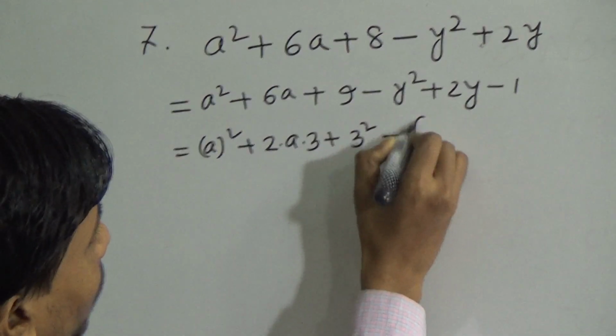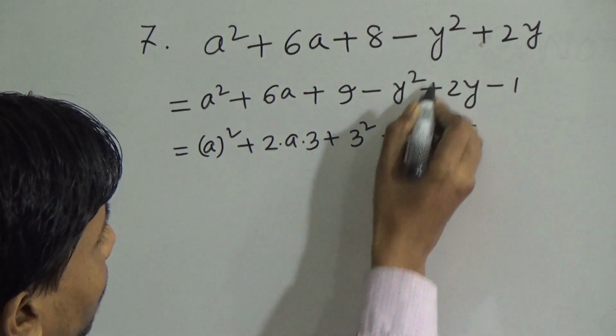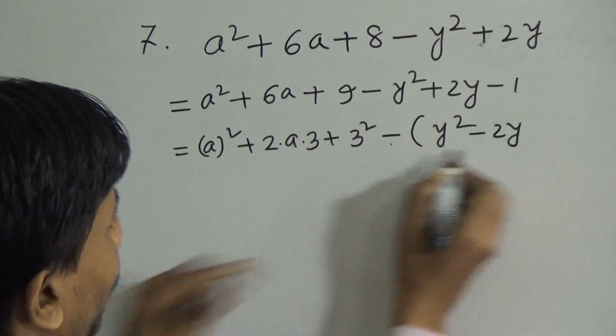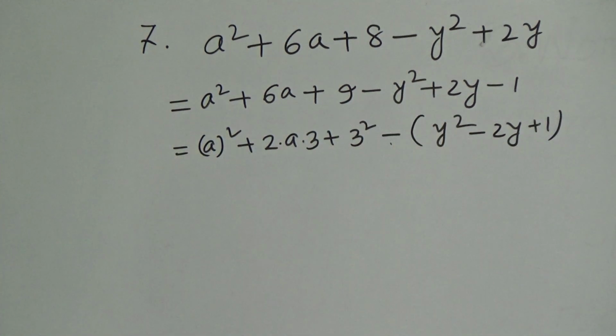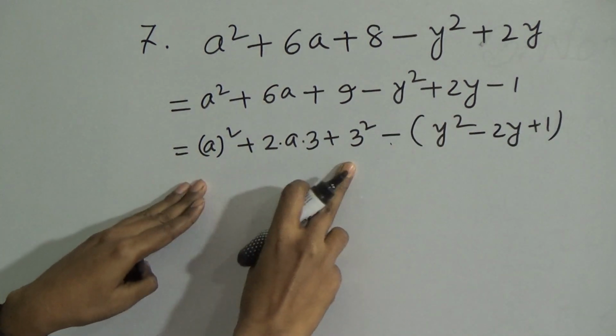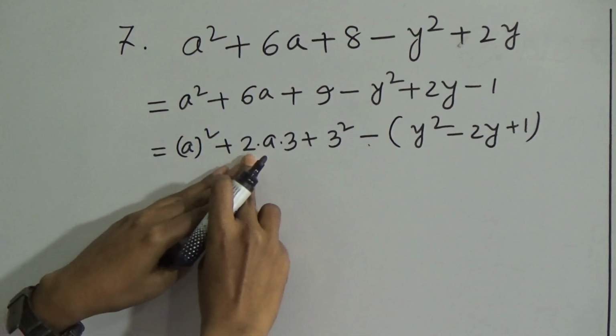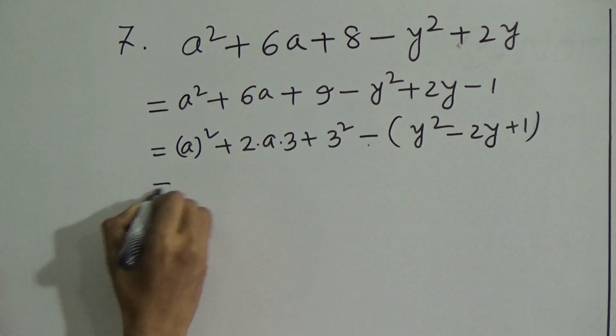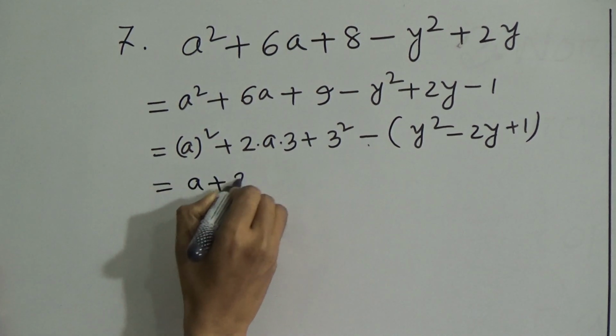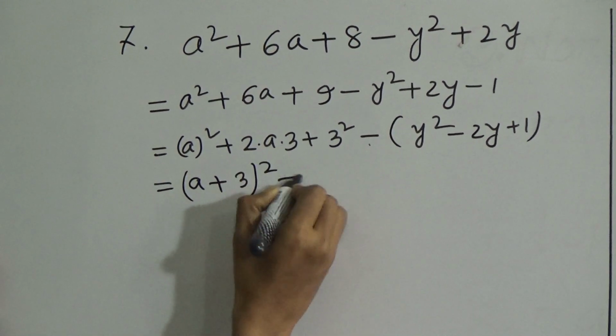We have to take minus common, then y square minus 2y minus... Look, this is the form a square plus 2ab plus b square. So we have to write it this way: a plus 3 whole square.